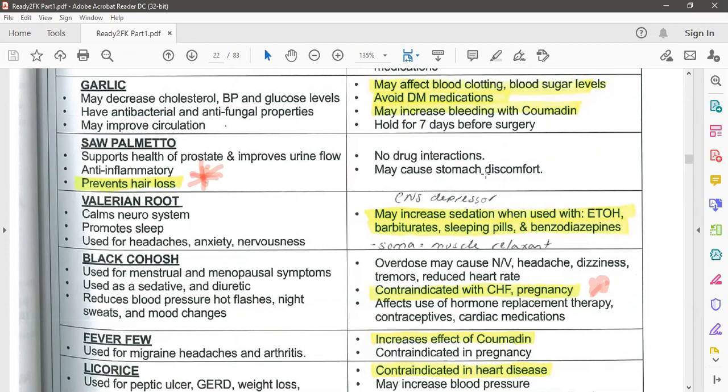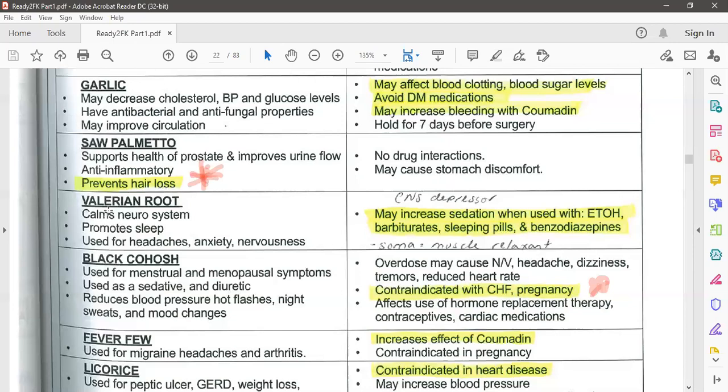So again, I want to recap it. Palmetto is used for prostate disease or to improve the urine outflow. They have an antibacterial function. They prevent the hair loss. Usually, saw palmetto has no drug interaction, but they cause stomach discomfort.